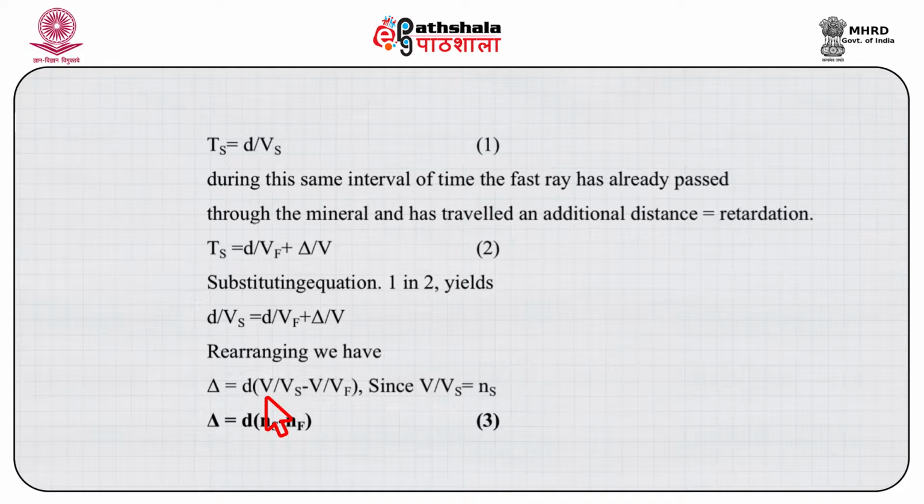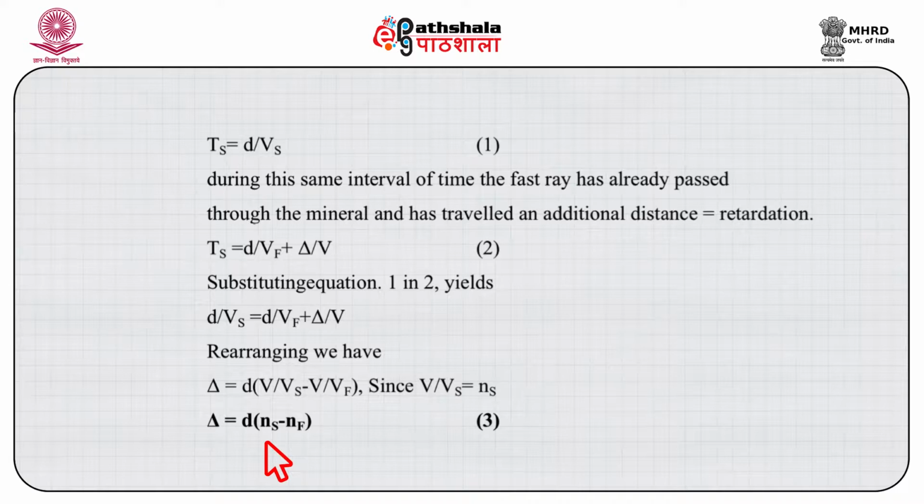As such, delta is equal to the thickness of the mineral multiplied by the refractive index of the slow ray minus the refractive index of the fast ray. The difference of the refractive index of the slow ray minus the fast ray is called birefringence, which represents the difference of the indices of refraction of the slow and the fast ray.